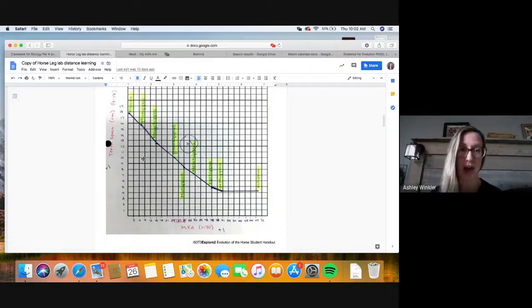So if you look at the horse, this is like our modern day horse. I can never say this right. Equus. You're looking at the most current horse species, and now the teeth span is almost 18 centimeters. So over time, you see, hopefully, based on this graph, although I should have done it the other way around so that my oldest horse was over here, that there's been a significant increase in the teeth span.